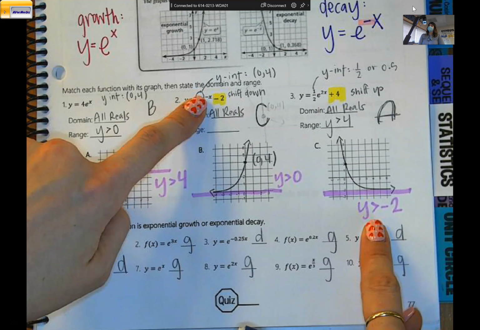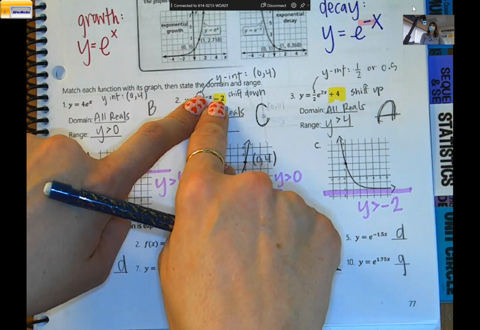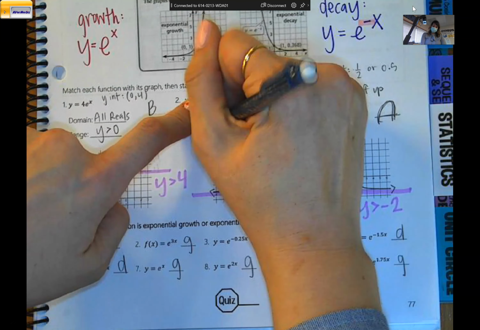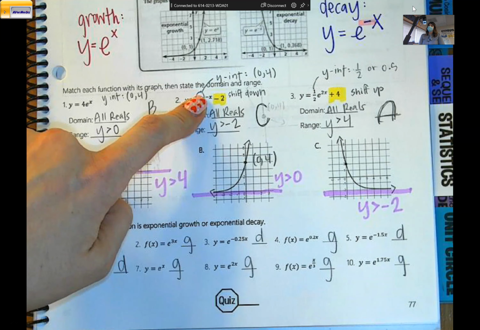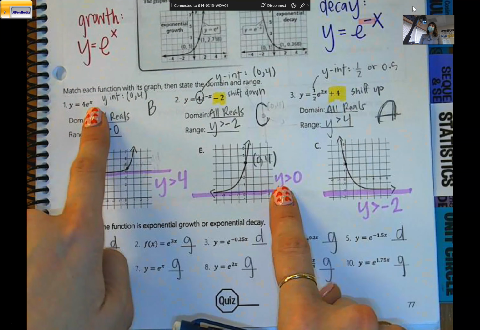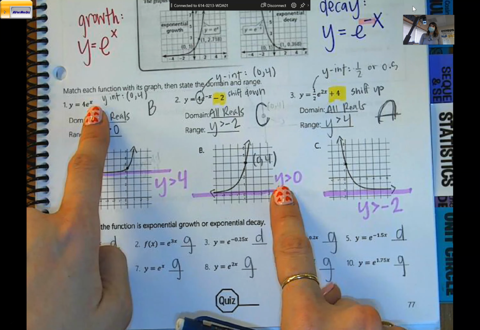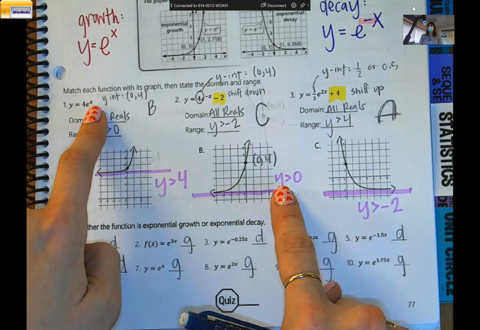Y can be any number greater than -2. Notice the shift matches. Y can be any number greater than -2. And now this one matches because I didn't add or subtract anything. So y can be any number greater than 0.